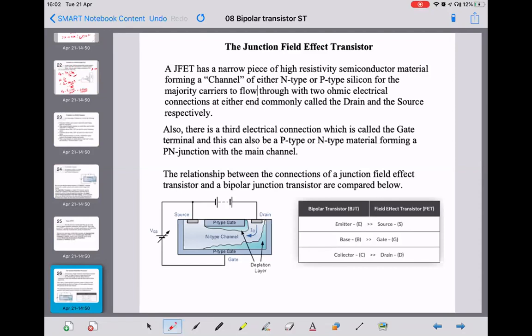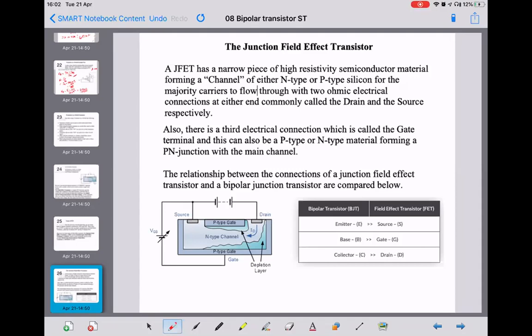And then there's a third electrical connection called the gate. In the N channel, the gate is P-type material. So we've got a PN junction between the gate and the main channel, effectively.